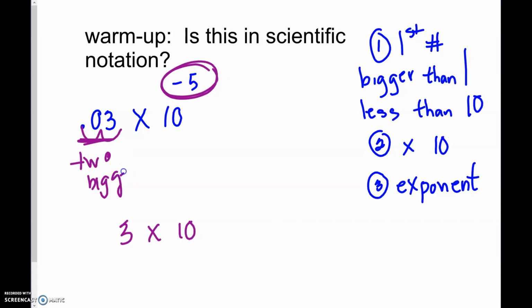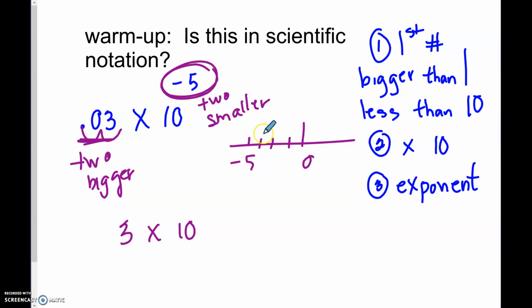This got 2 bigger, so this needs to get 2 smaller. Think on the number line: if we are at 1, 2, 3, 4, negative 5, where does this number get smaller? Smaller goes to the left, and we're going to go 2 places, so this would be negative 6, and this brings us to negative 7.